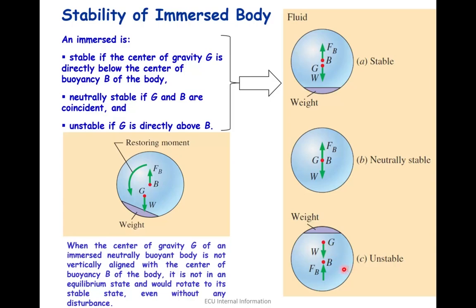Then in that case we say the object is unstable. So this is what the stability for an immersed body means. The text written here obviously explains what we have discussed so far, and you can read it yourself. If there is any question, come and ask, please.